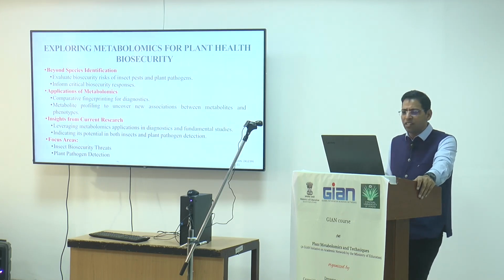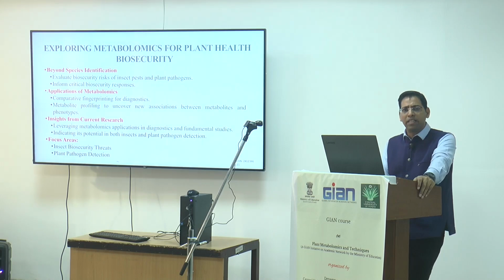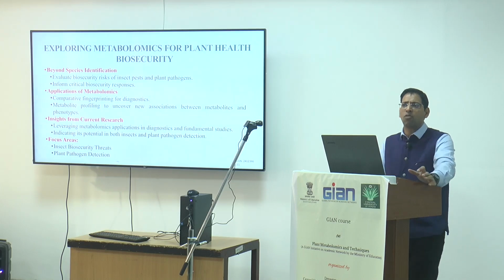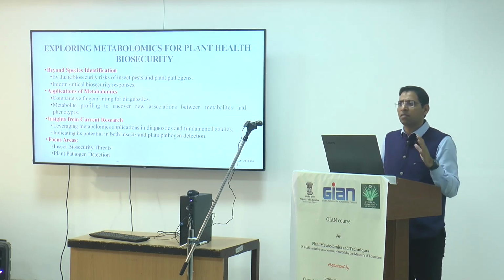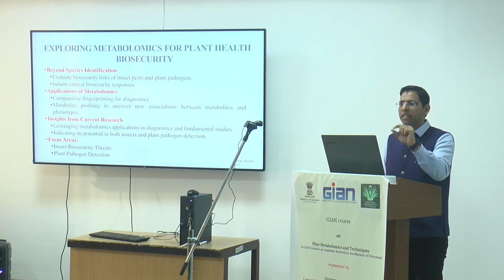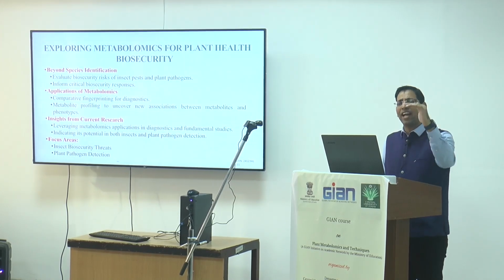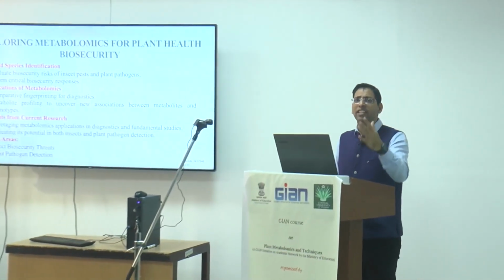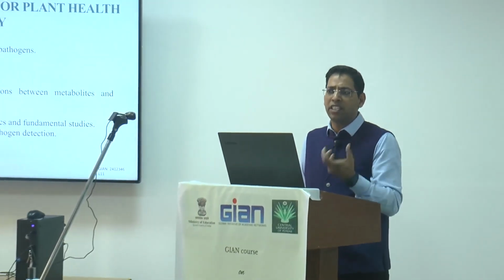Insight from current research is that metabolomics is applicable in diagnostic as well as fundamental investigations, and has potential in both insect and plant pathogen detection. You know very well that artificial intelligence has now come into the picture. If you identify a spectrophotometer which can detect specific metabolites, you can scan and say that this plant has this infection without touching the plant.